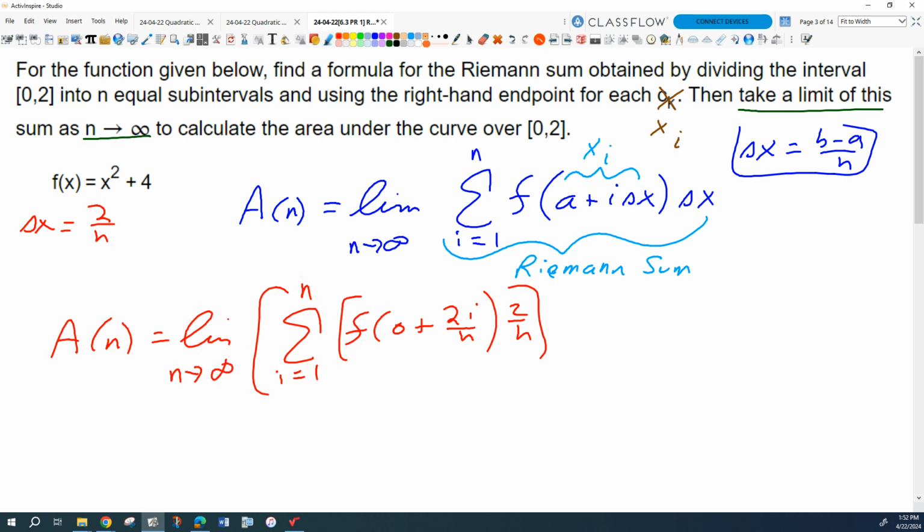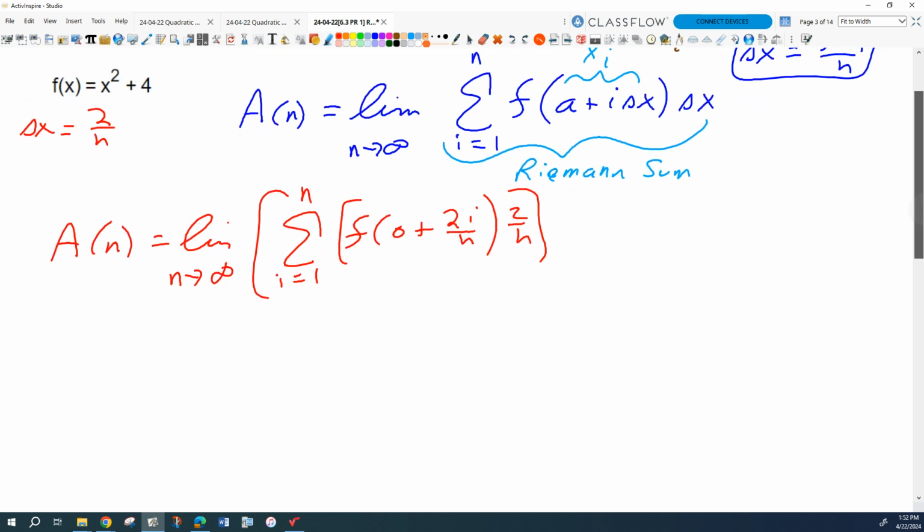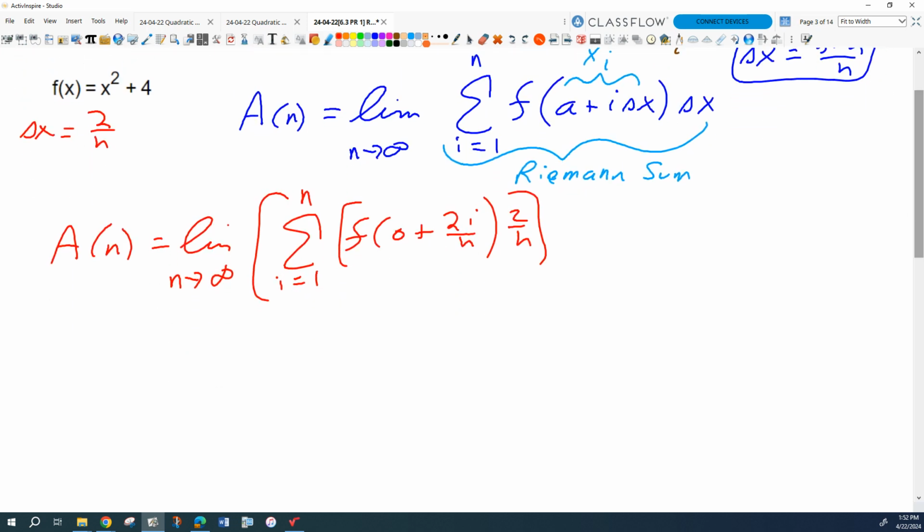Okay, so we're just gradually getting more specific. Okay, well, what is our function? x squared plus 4, right? So then what is all this going to become? f of 2i over n. If f of x is x squared plus 4, what's f of that? That squared plus 4, right?